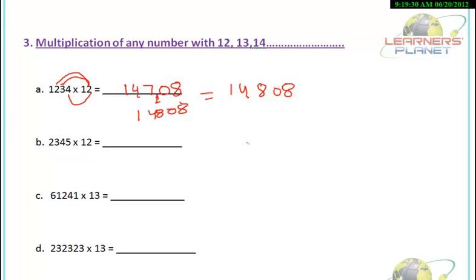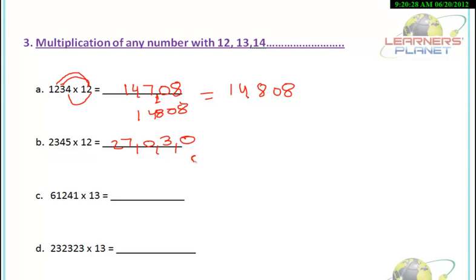Similarly, we can try this example also. Let's multiply. 5 2s are 10. We'll put it like this. Then 4 2s are 8 plus 5, 13. Then 3 2s are 6 plus 4, 10. Then 2 2s are 4 plus 3, 7. Then 2 as it is.